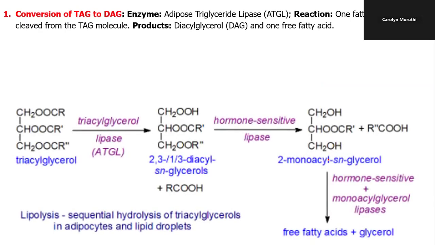The first step in TAG hydrolysis is carried out by adipose triglyceride lipase, that is ATGL, which removes the first fatty acid from TAG, producing DAG, that is diacylglycerol.